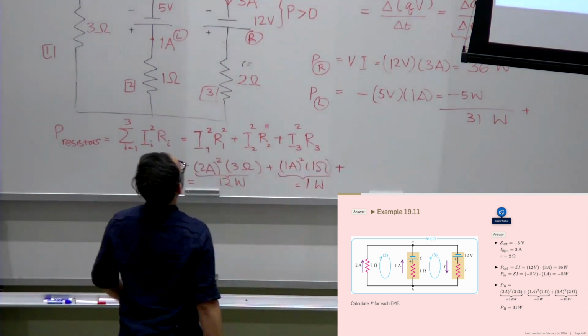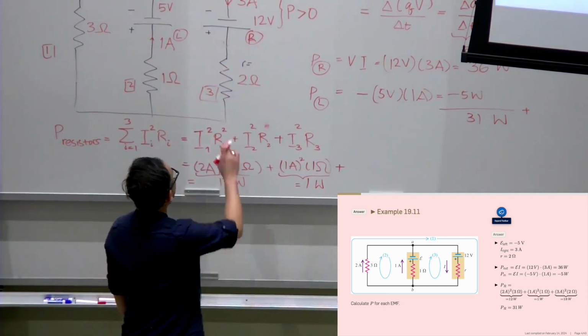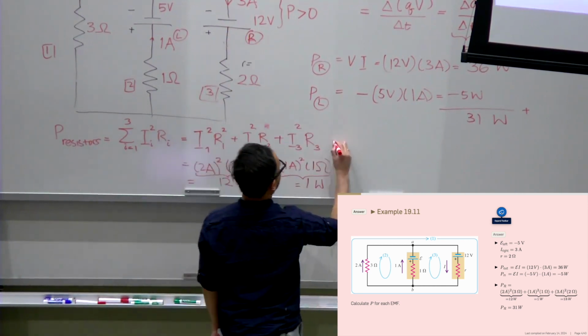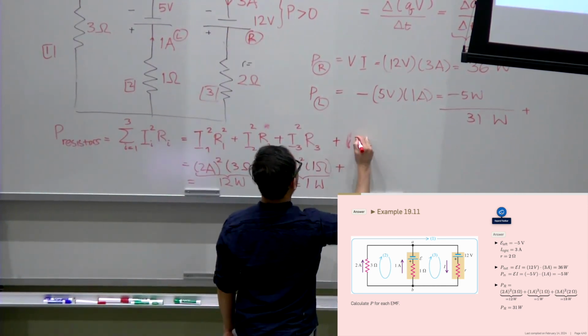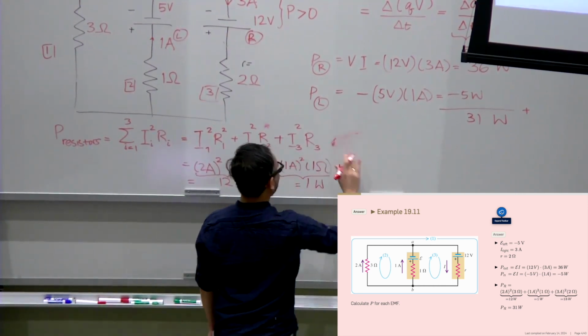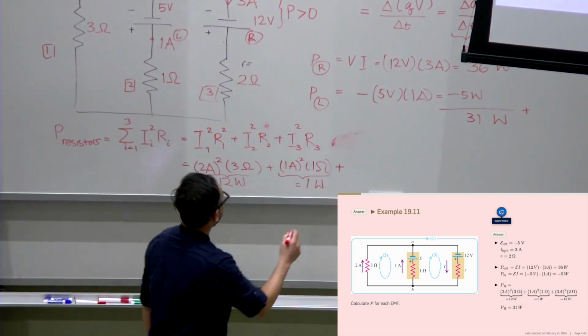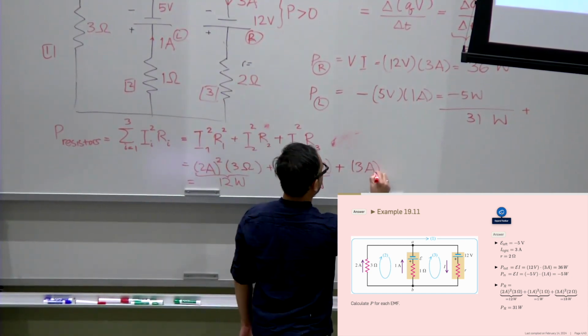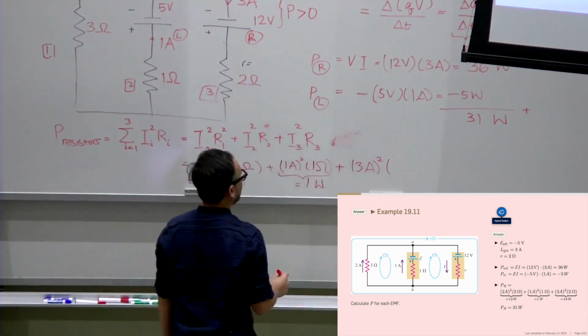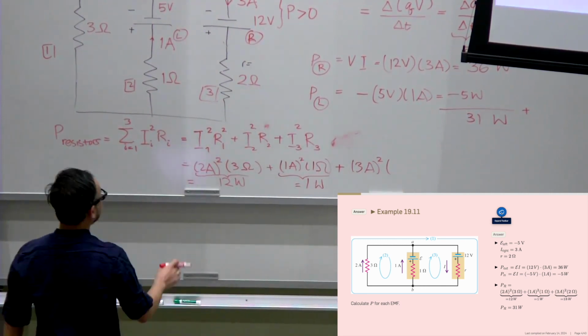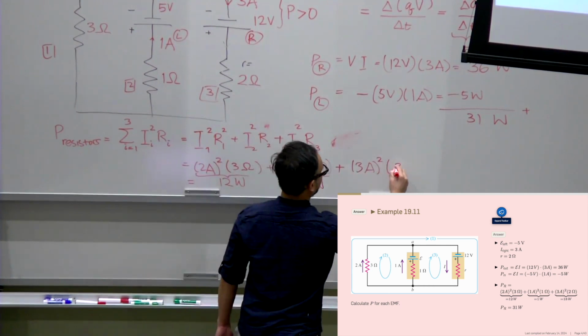Next is the last term, which is this resistor here. I is 3 amps. So don't be too shy. Okay. 3 amps, so 3 amp square times the resistor, which is 2 ohms.